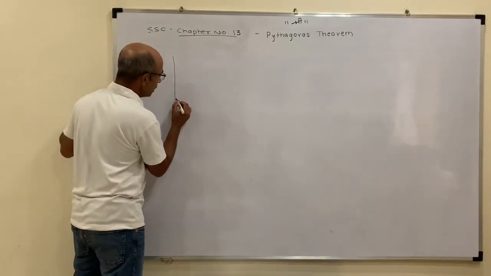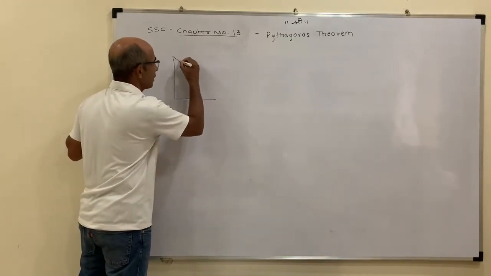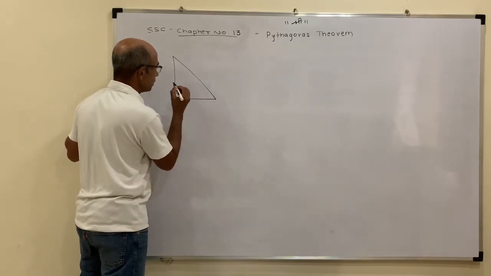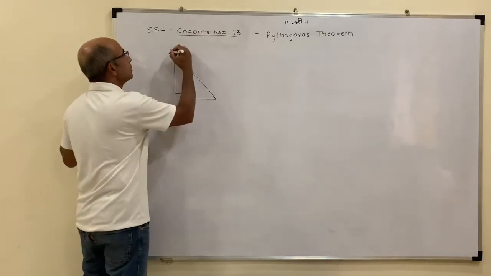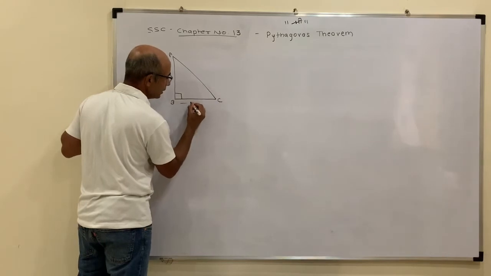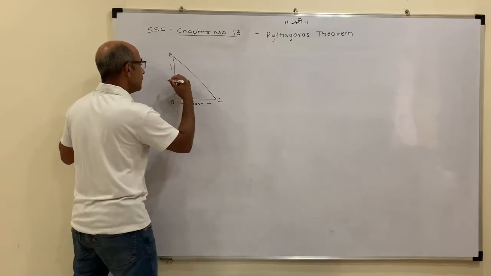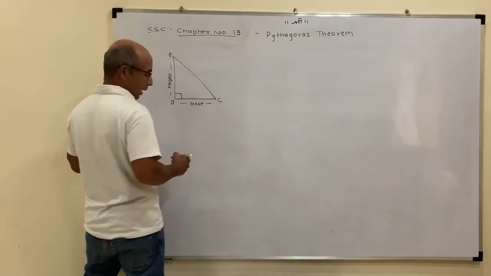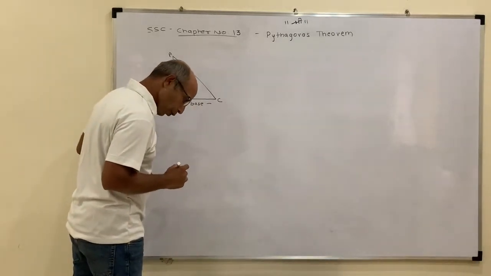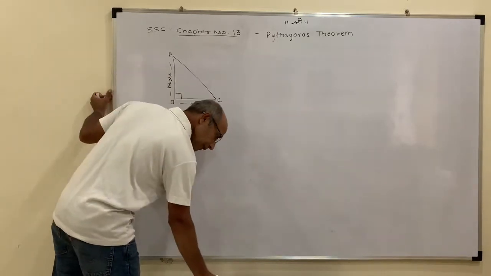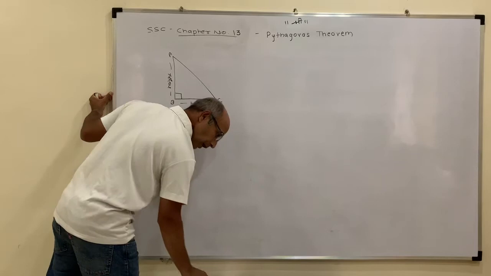So now this is my right angle triangle. Here is the angle of 90 degree. So this is A, B and C. This is my base. This is, you can say, height. And a side opposite to the 90 degree is called as the hypotenuse.